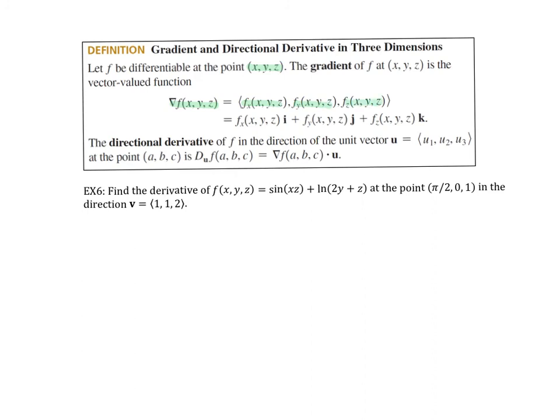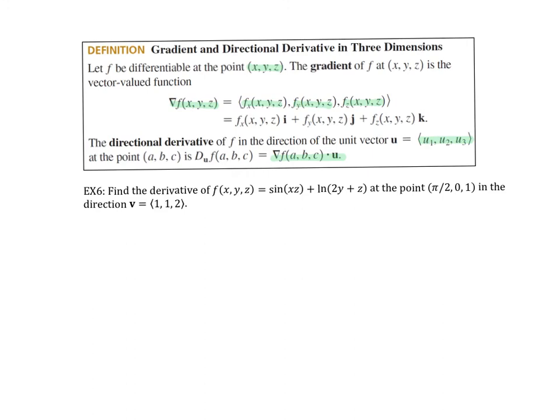And the directional derivative is simply the dot product of our gradient vector with our unit vector u, which is u sub 1, u sub 2, u sub 3. You could probably guess that we can compute directional derivatives in even higher dimensional space, functions of 4 variables or 5 variables. As long as there's a finite number of variables, we can compute the gradient vector and the directional derivative.